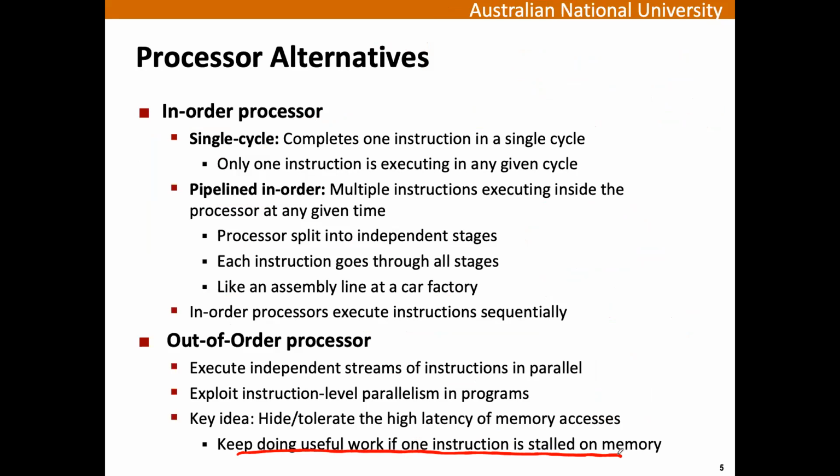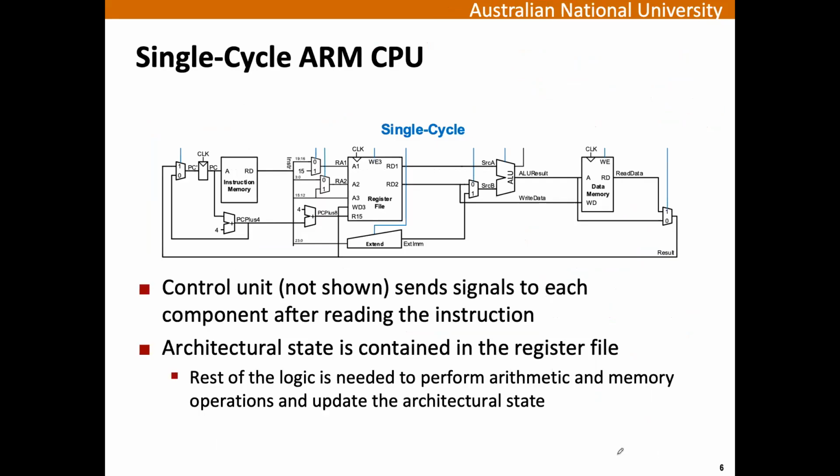So a single cycle CPU, at a very high level, I want to go through it very quickly, and this will not be on the exam. You fetch an instruction from memory, you have a program counter, you decode the instruction. What is the instruction saying? Which register does it want to write?